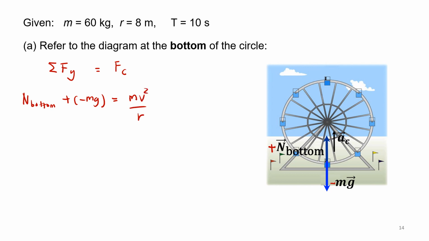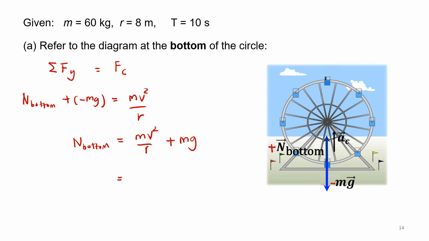So rearrange the equation. So N bottom is equal to mv squared over r plus mg.